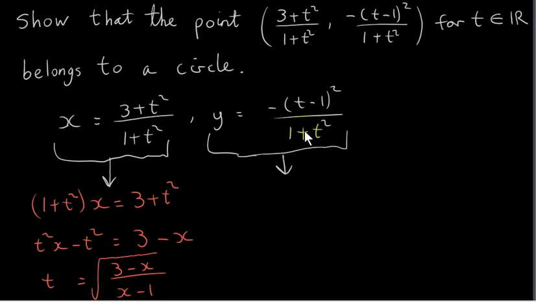Now, we could try and get t in terms of y here, but it's going to get really complicated because we're going to have to square out this here. It might actually be easier to plug this expression in for t in this equation here.